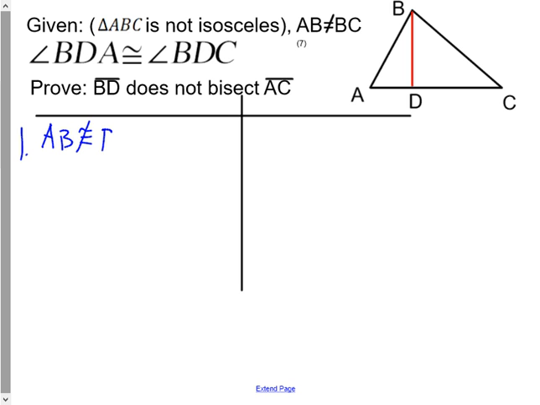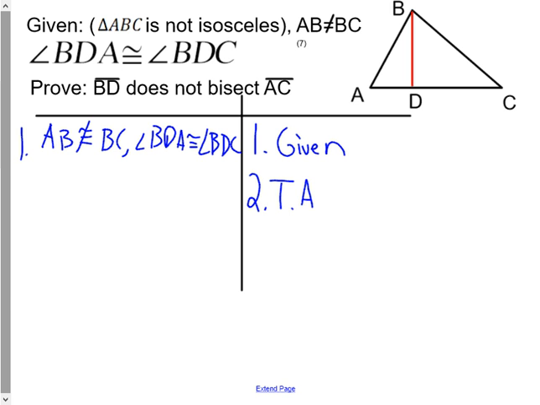That's there to show you that, trying to shorten it so that it's not an 8 or 9 step proof. So given right away, temporarily assume that BD does bisect AC. This is one of the first ones we've had where the opposite of the proved statement is not completed; we still have to use that.